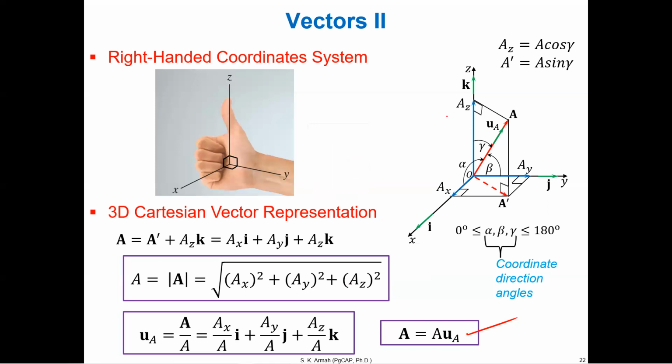If you rearrange this, the unit vector is also the vector over its magnitude.